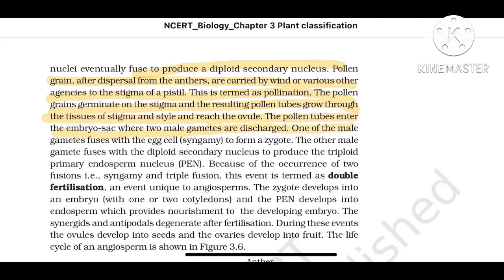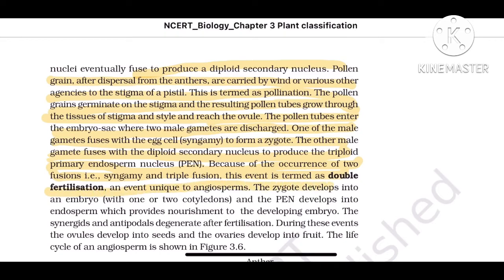One of the male gametes fuses with the egg cell, syngamy, to form the zygote. The other male gamete fuses with the diploid secondary nucleus to produce the triploid primary endosperm nucleus, PEN. Because of the occurrence of two fusions, that is, syngamy and triple fusion, this event is termed double fertilization, an event unique to angiosperms.